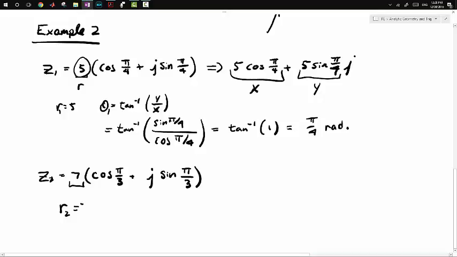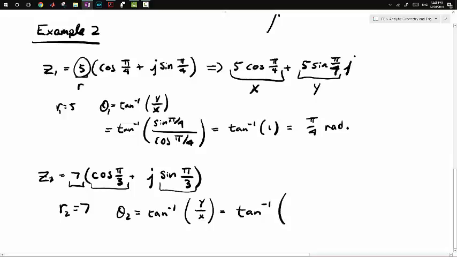So our R2 is 7, and theta 2 is going to equal tangent inverse of y over x. Again, the 7's are going to cancel out when we do y over x, so all we really need are the cosine pi over 3 and sine of pi over 3. So we can say tangent inverse of sine of pi over 3 divided by cosine of pi over 3.